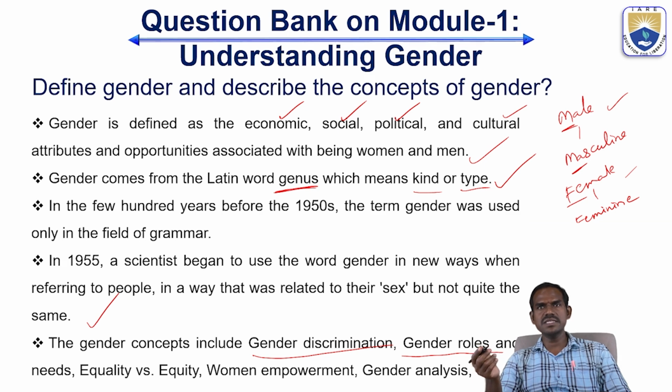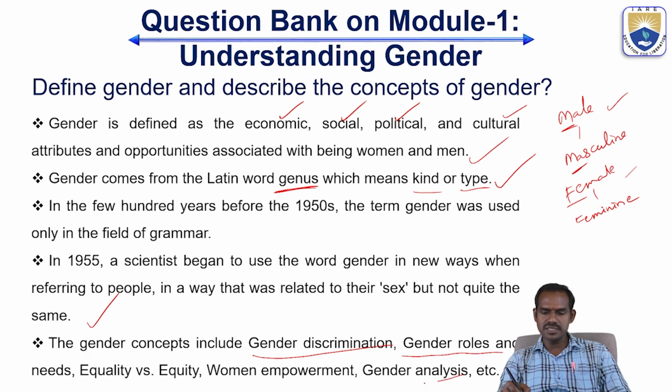And equality versus equity. What is gender equality and what is gender equity? And women empowerment, empowerment of women in the society. Women also being on par with men in all the fields, that is women empowerment.